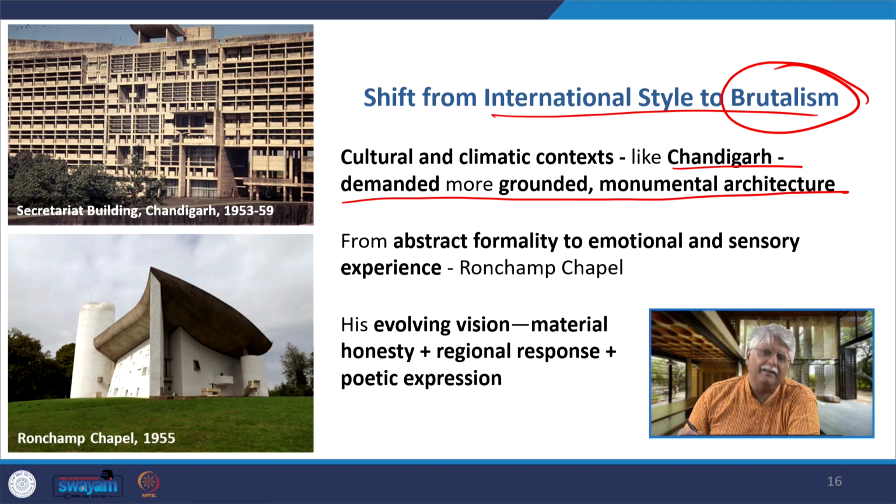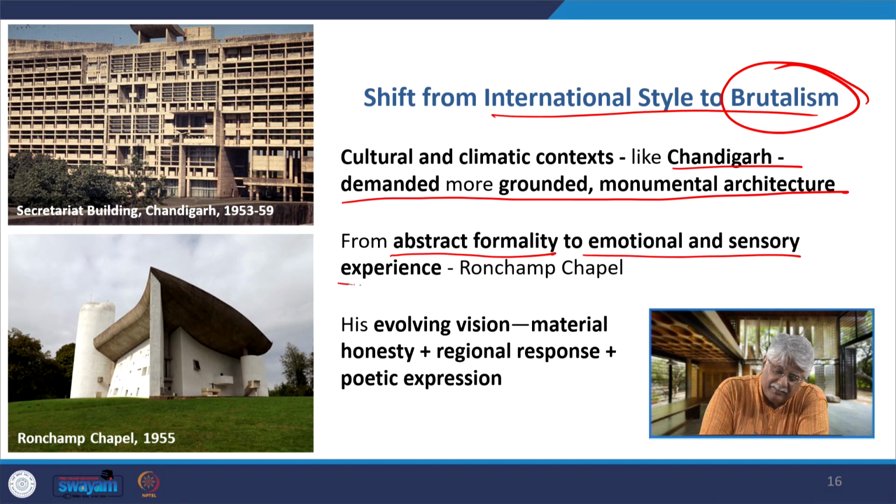He learned that in France. But it became a very strong symbol in Chandigarh, because there it was a kind of natural requirement for those buildings. So from the abstract formality that was there in the earlier buildings before the World War, in the villas that he had made, he went on to a more emotional and sensory experience in, for example, the Ronchamp Chapel.